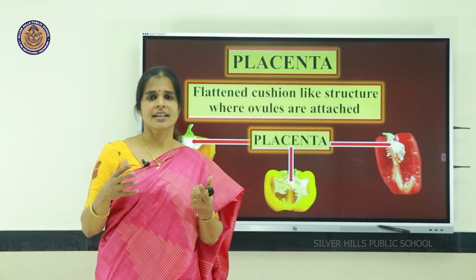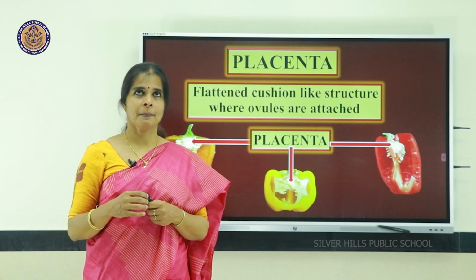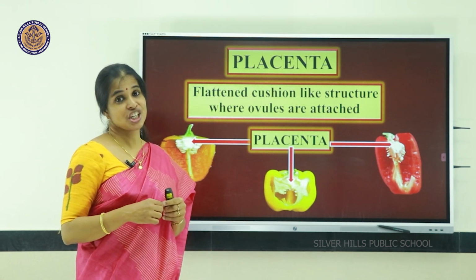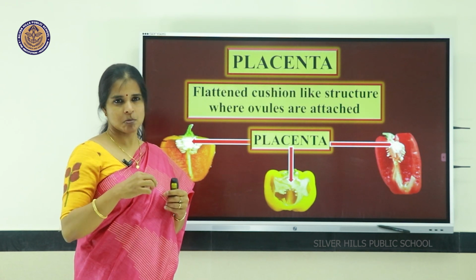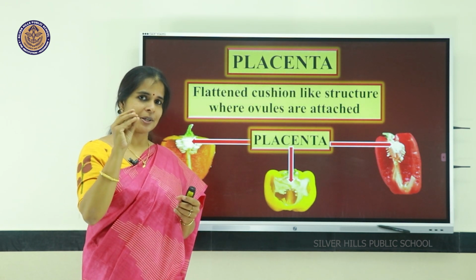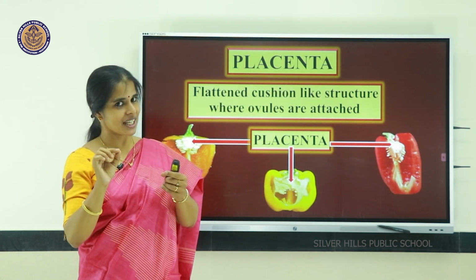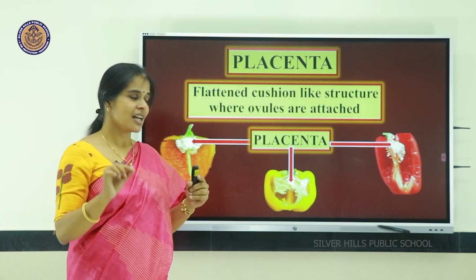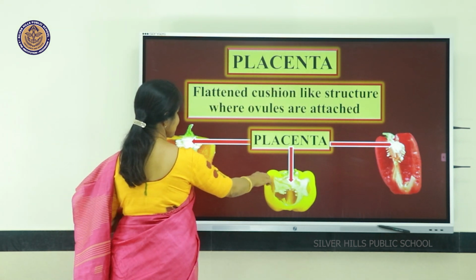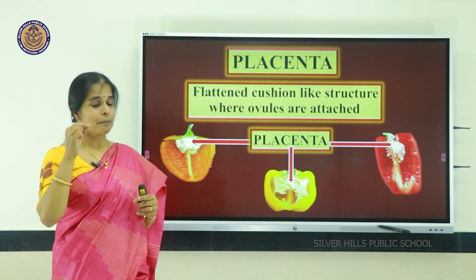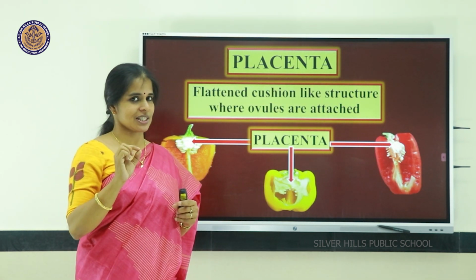You can see the placenta very clearly in which plant? That is capsicum. Chili also, but it is small. If you take a capsicum and look inside at how the seeds are attached, because we get seeds only after fertilization, we can very clearly see a cushion-like part to which the seeds are attached. Seeds before fertilization were the ovules.